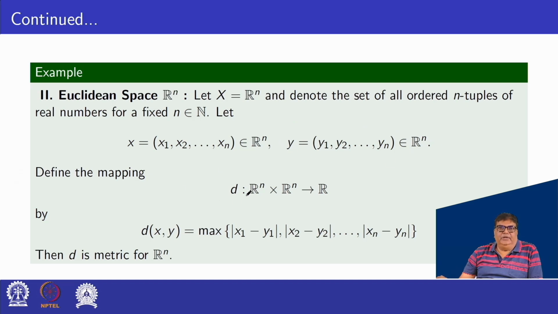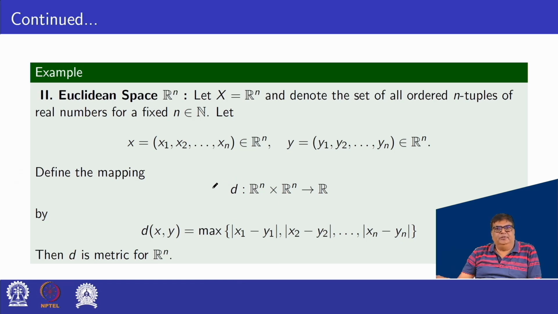Define the mapping d from R^n cross R^n to R such that d(x,y) is equal to the max of |x1 minus y1|, |x2 minus y2|, and so on, |xn minus yn|. Then d is a metric.